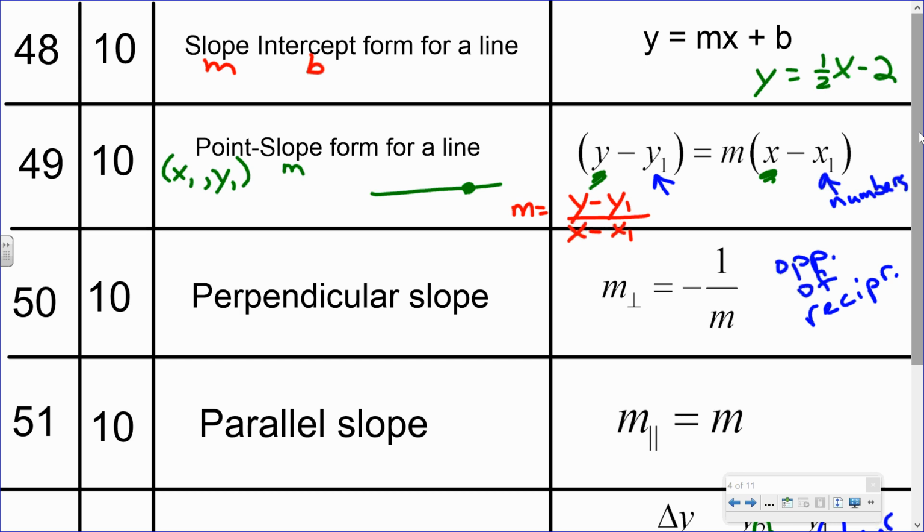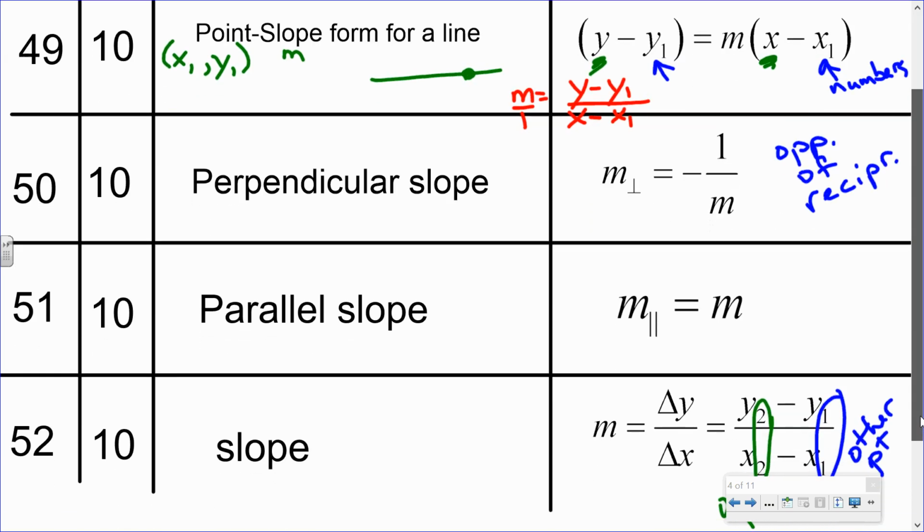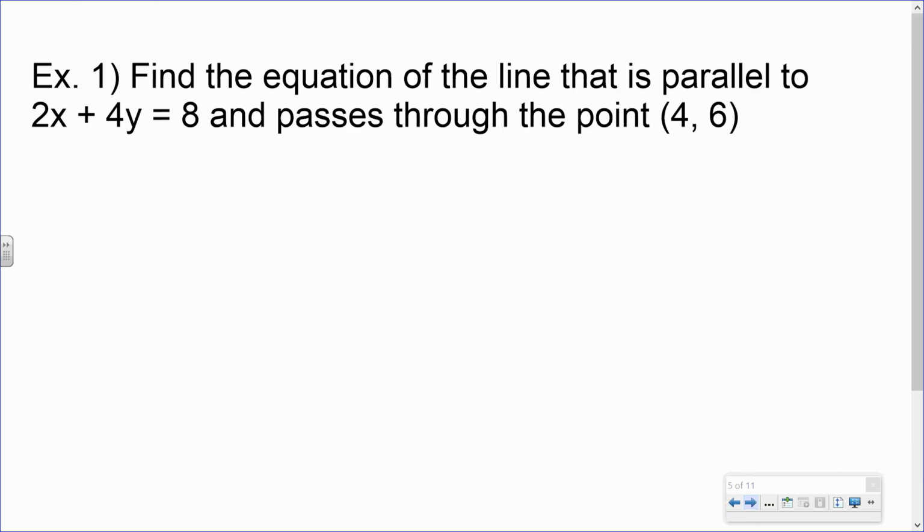If I then took the cross product, I would have y minus y1, and I would have m times x minus x1. So just to help remember how that goes. So does everybody have our formulas down? Any questions to that point? Okay, let's do some examples and see what you managed to remember.